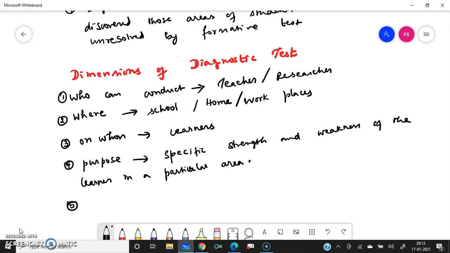For example, we have seen that when there is no carrying, a student is able to subtract, but when there is carrying, a student is unable to subtract. So these are the strengths and weaknesses you are going to see about the students, and then about the length of time, how much time it will take. Sometimes it will take more time.